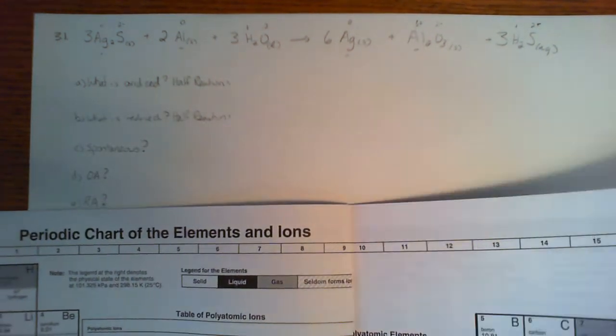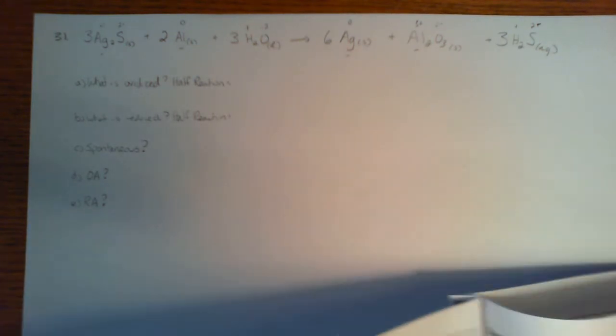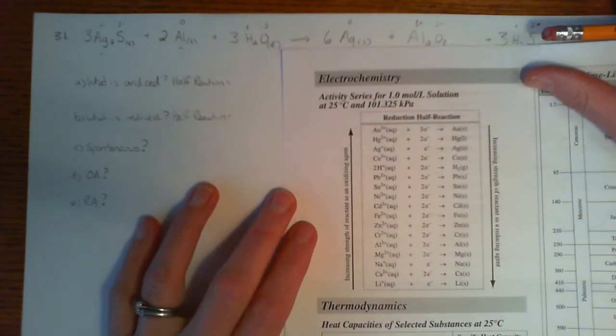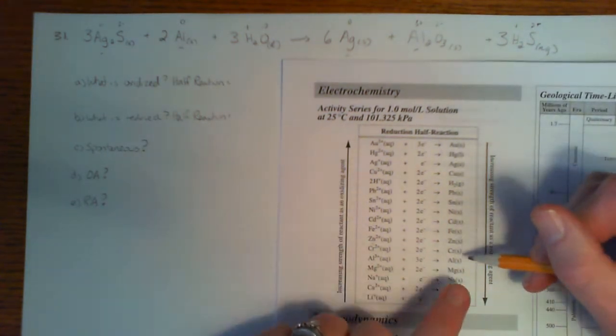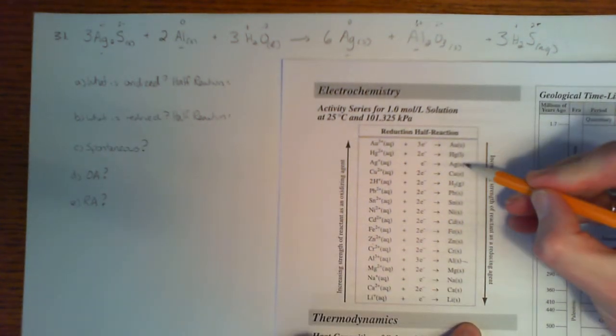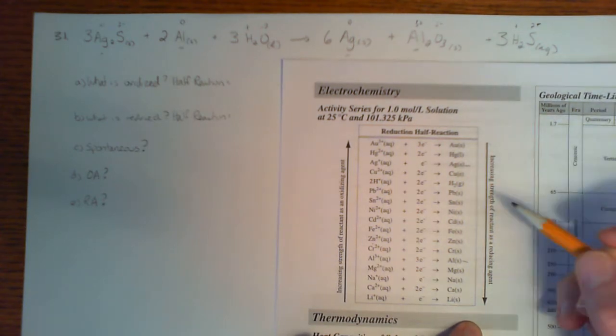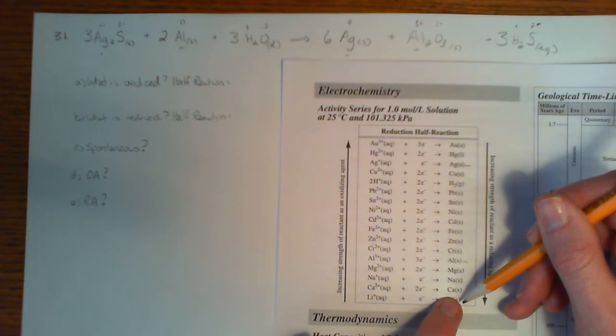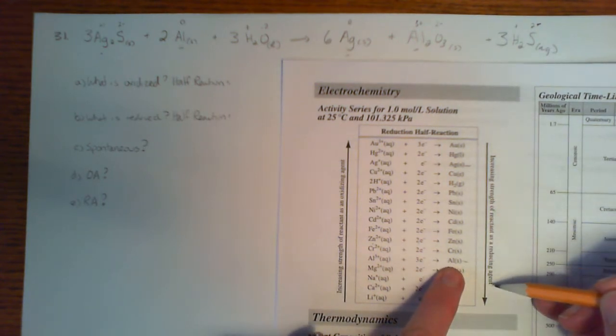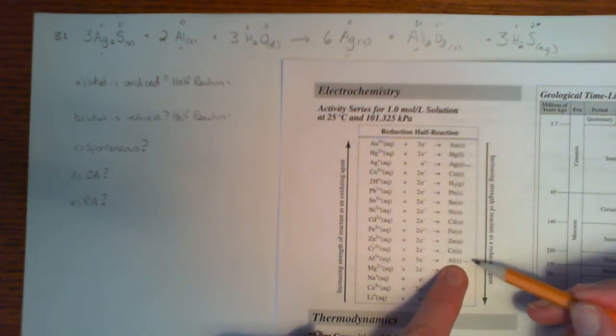But let's check our reactivity table for these two substances, aluminum and silver. Where do we have aluminum? There we go. And here is silver. So we know as we go down in the solid metals, we have a stronger reducing agent closer to the bottom.